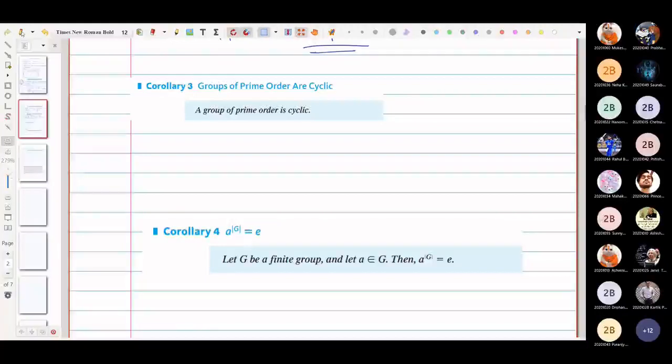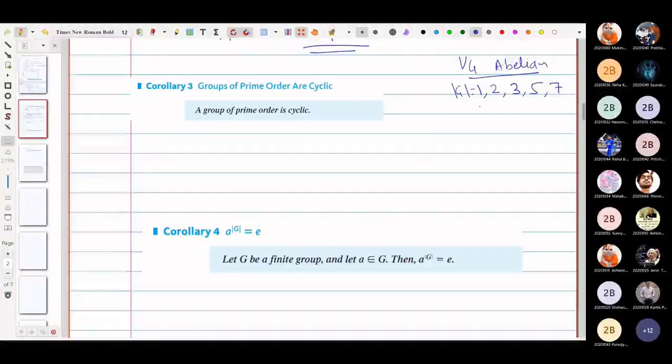You should remember something. V4 is abelian but not cyclic. You can have a group of order 1 which is cyclic, of order 2 which is cyclic, of order 3 which is cyclic, of order 5 which is cyclic, of order 7 which is cyclic.